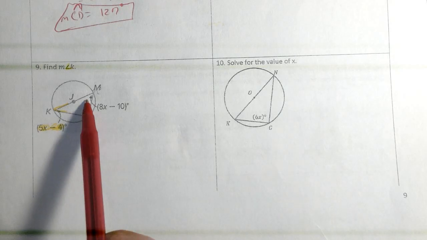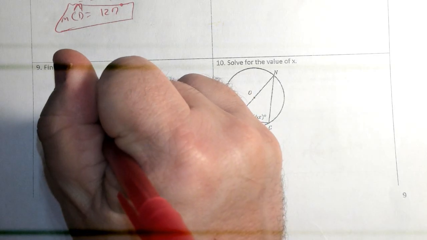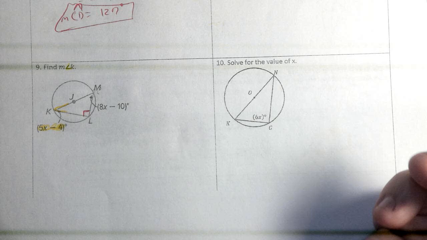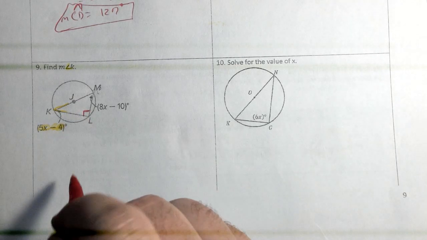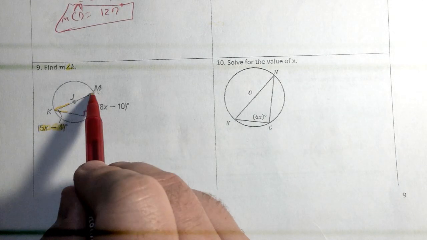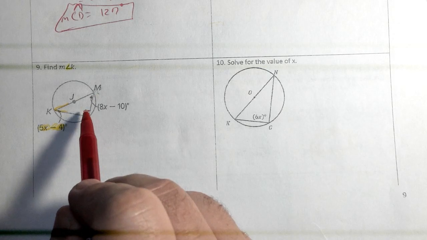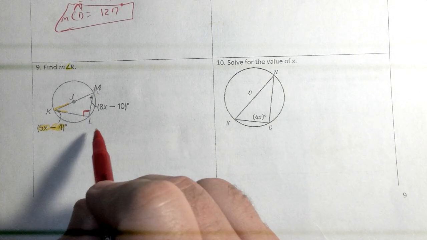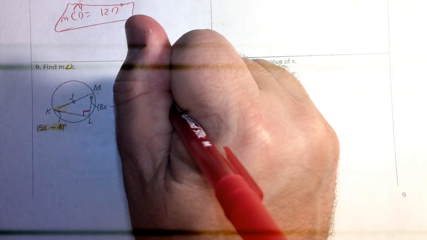Alright, so we know that a triangle equals 180. We learned earlier that if this is the diameter, and it is, then this is a 90-degree angle. So to solve for x, we're going to put all 3 of these angles equal to 180.